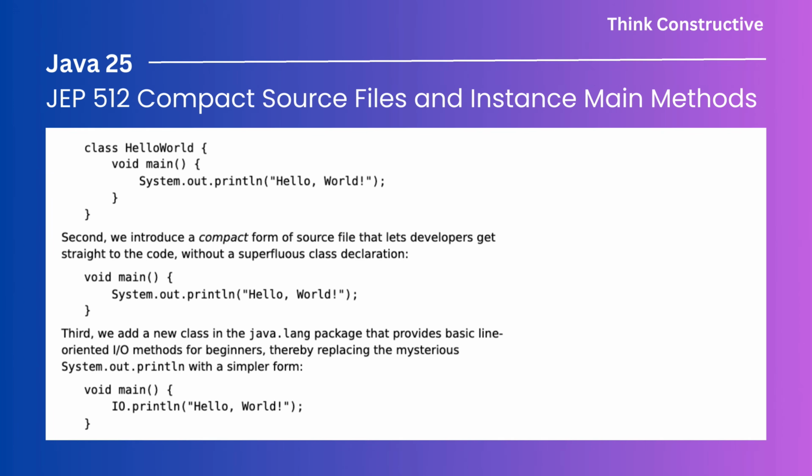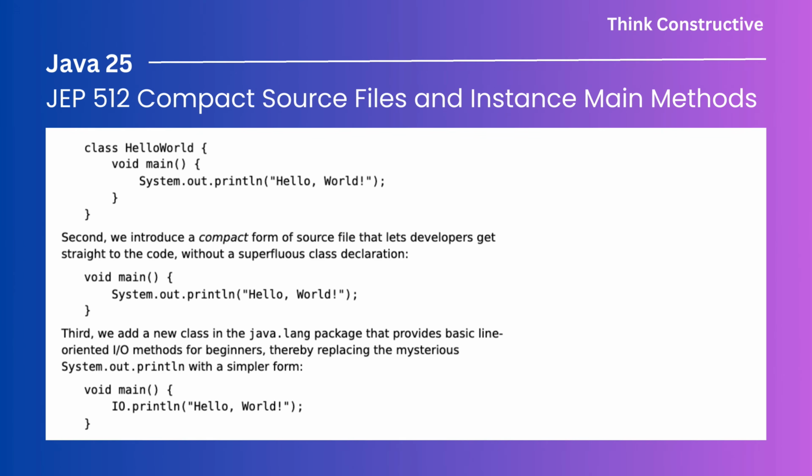A simple void main will do the job here. That is the first thing. Second, the compact form of source file, which allows developers to get straight to the code without any superfluous class declaration. So a simple void main, and if you would like to print hello world, just say System.out.println.